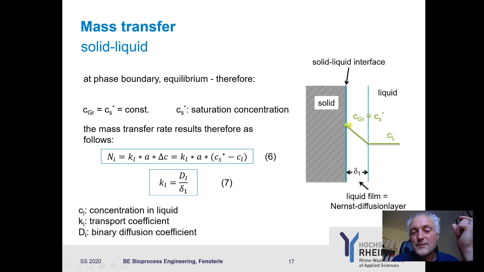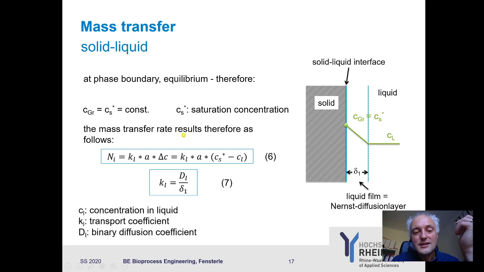So this concentration here, how high is that? Well, that's very simple. At this point, you have an equilibrium between the solid and the liquid. And obviously, the concentration here must be the solubility of the substance in the liquid. So this is simply the saturation concentration.